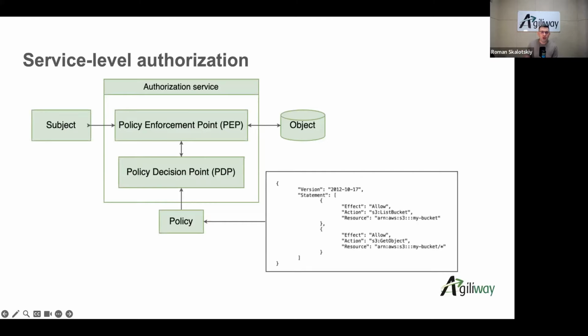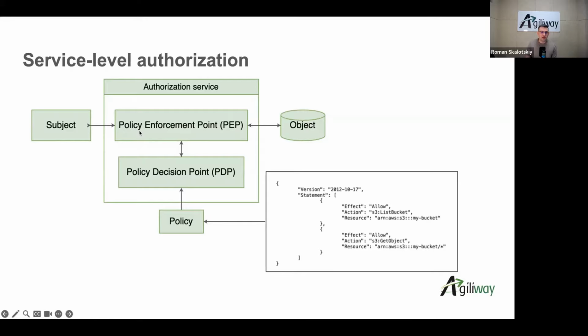As you can see on the screen, there is a policy decision point. We can call it PDP, and it computes the access decisions by evaluating the applicable access control policy.